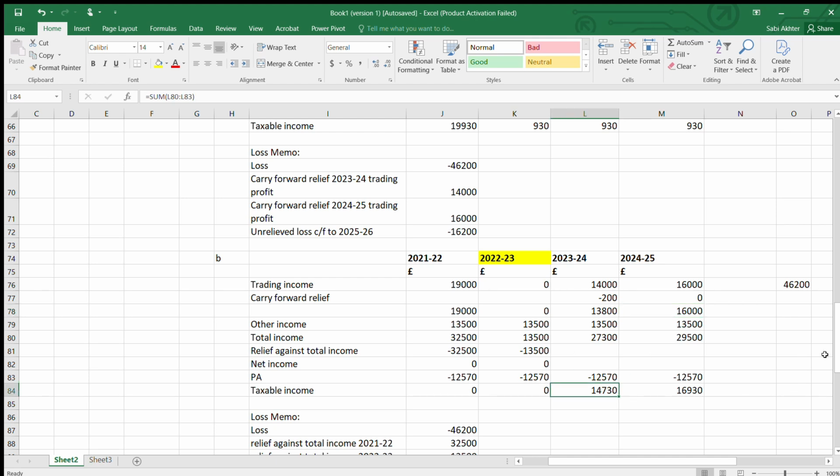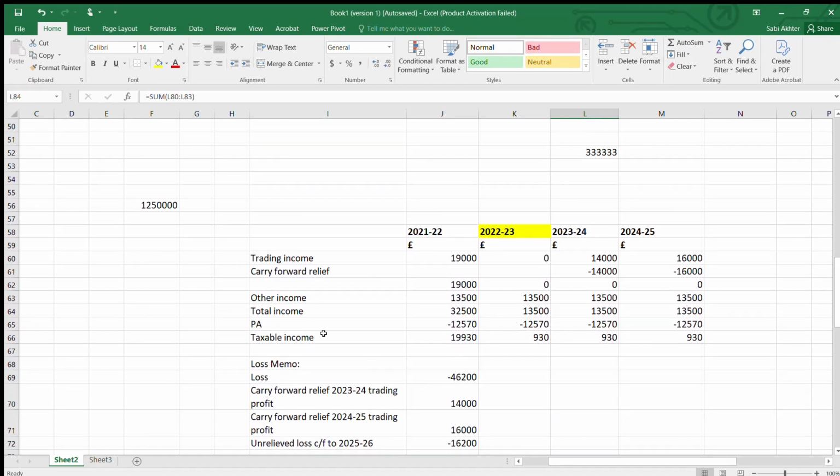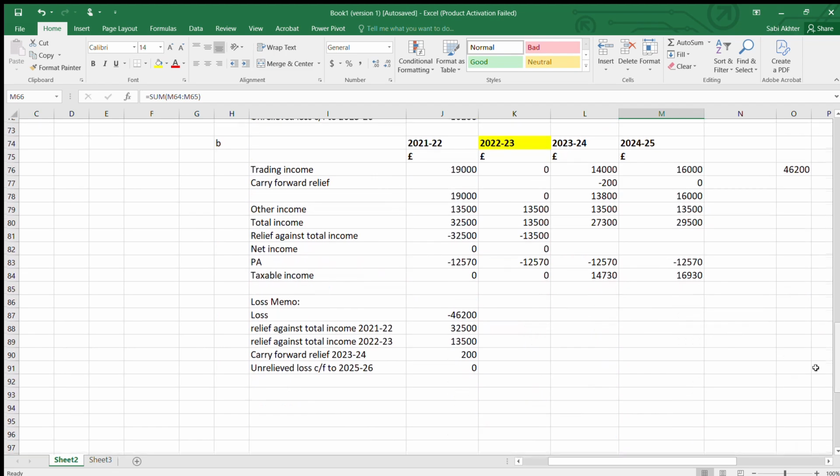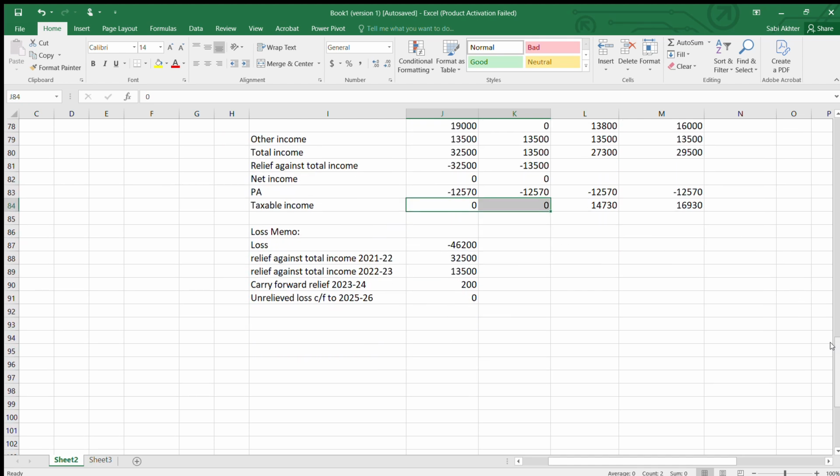Now, that's it. So what happened? If you see, without relief, you have to pay in all the 4 tax years. But with relief, you are only paying in 23-24 and 24-25 with no taxable income of the 2 tax years.